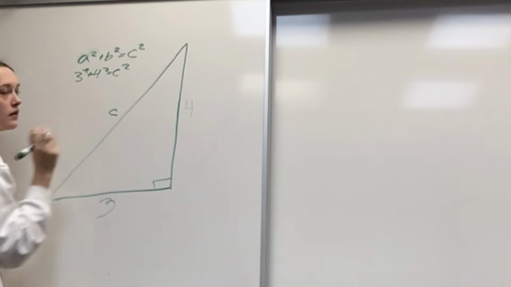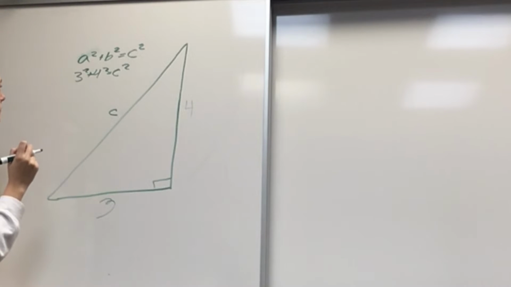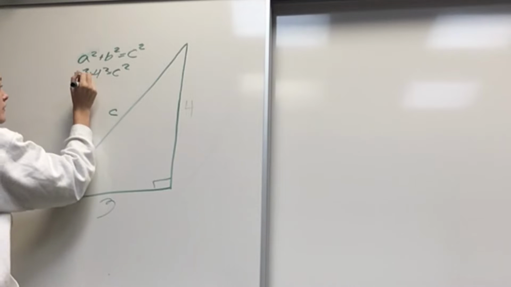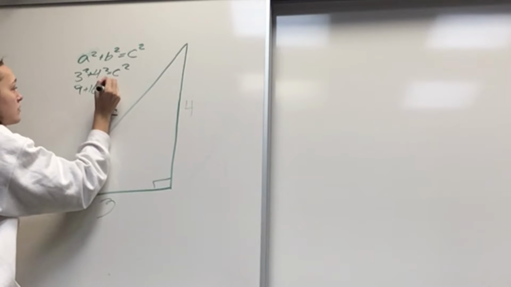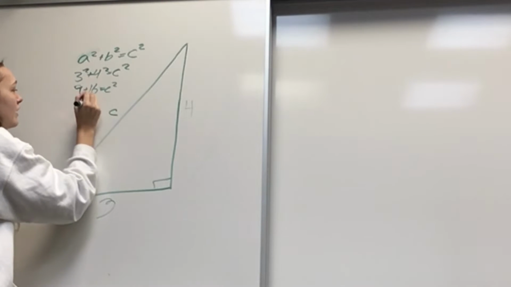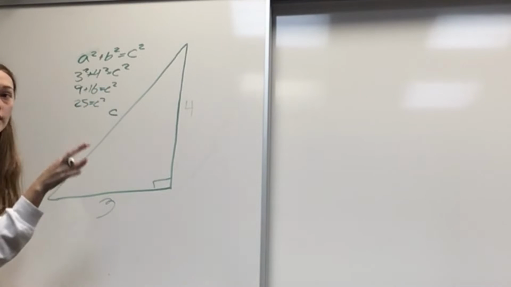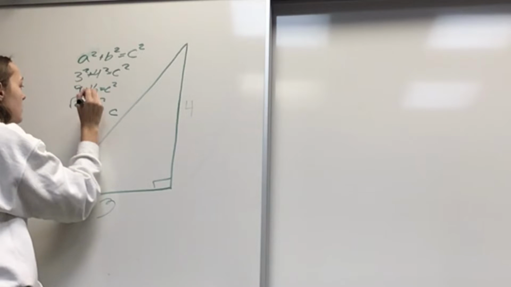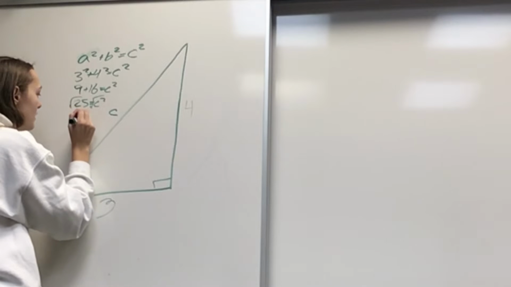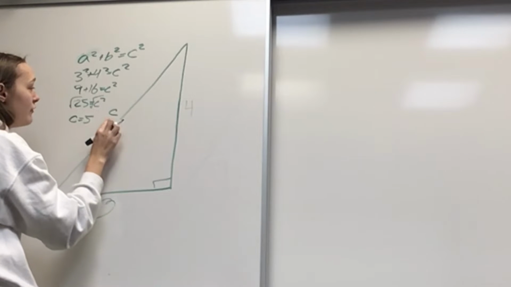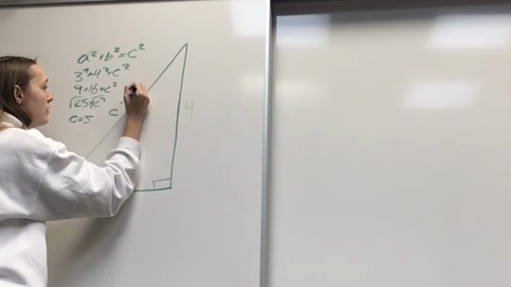That's 9 plus 16 equals c squared, 25 equals c squared. Then if we take the square root of both sides, we find that c equals 5 units.